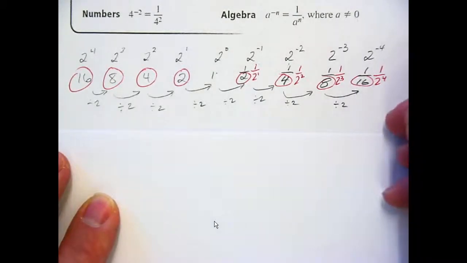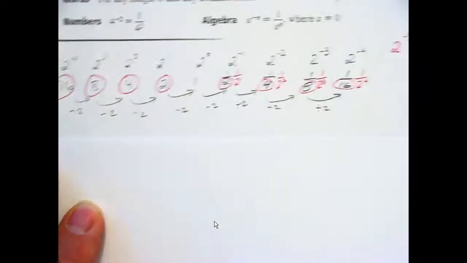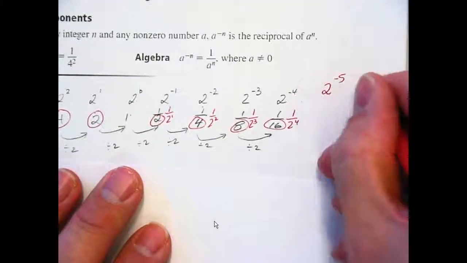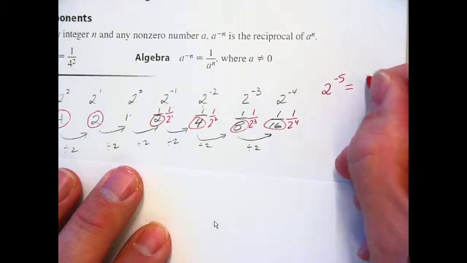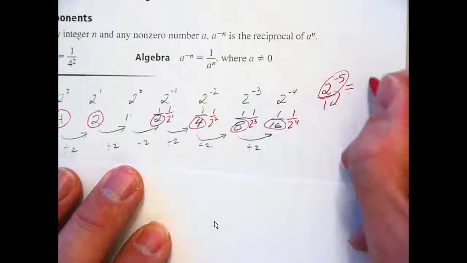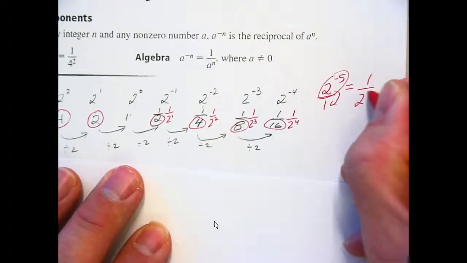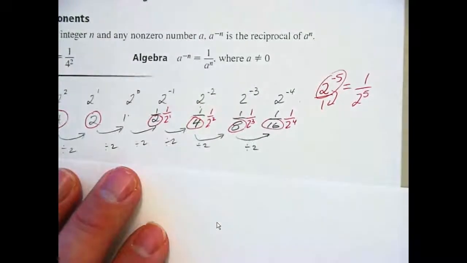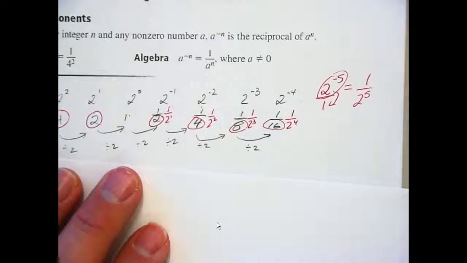So if I gave you 2 to the negative fifth, really all you're doing is taking that and writing it as a fraction, and then moving that piece down to the bottom and dropping your negative symbol. So that's what you do with those negative ones. Okay, it's 1 over 2 to the fifth.